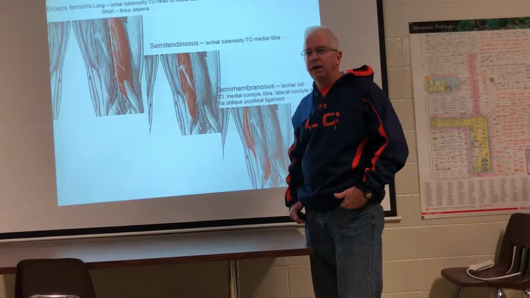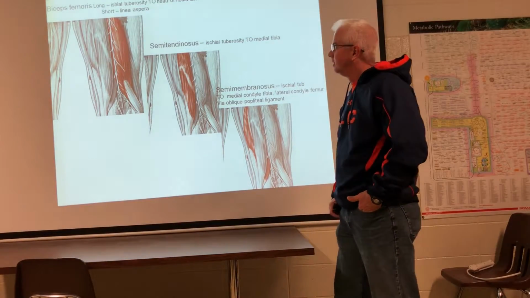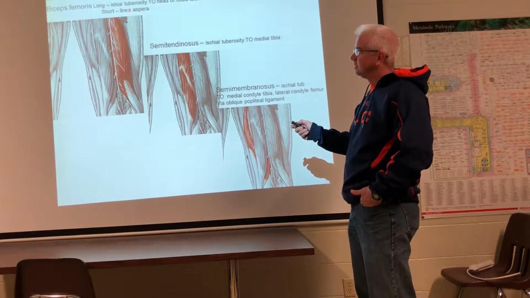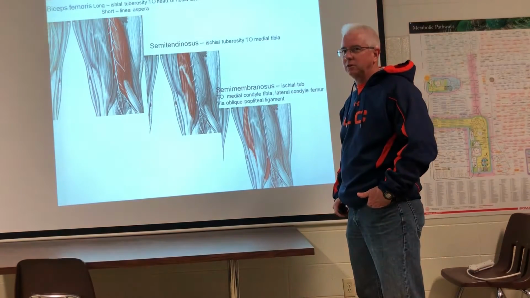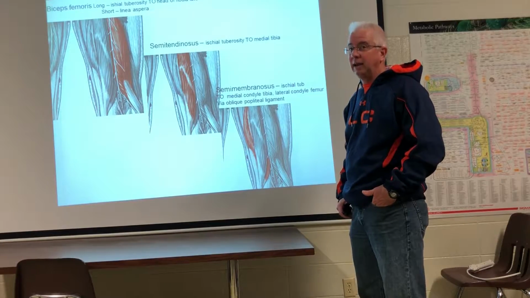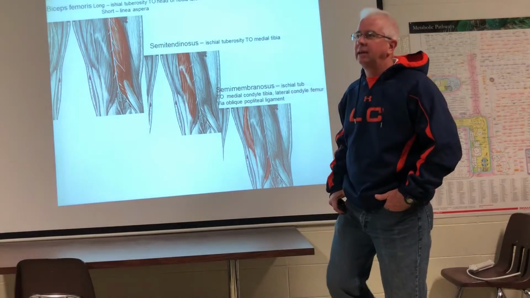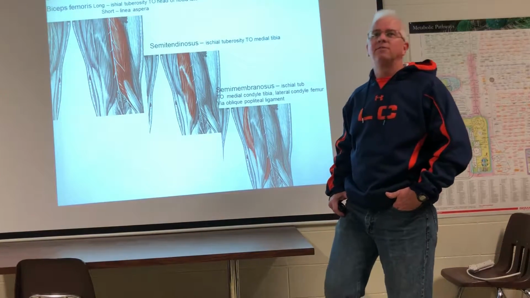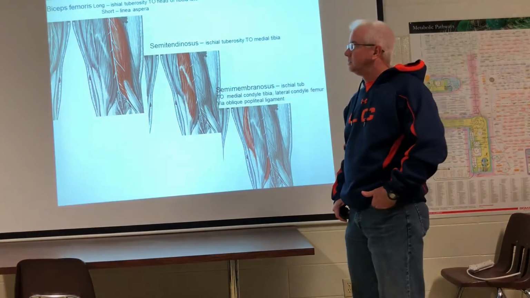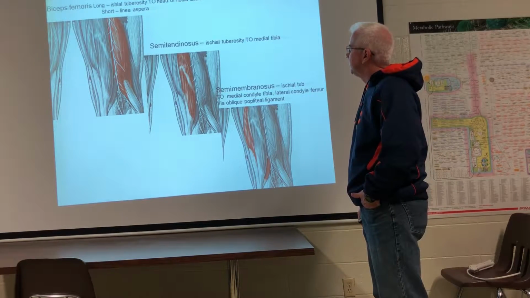And the linea aspera has hamstring on it. The linea aspera has the short head of the biceps femoris on it, so I can also flex at the knee. So muscles attached to the linea aspera can adduct the leg, they can extend at the knee, and they can flex at the knee. So to say it's an important spot, my goodness, you've understated that.